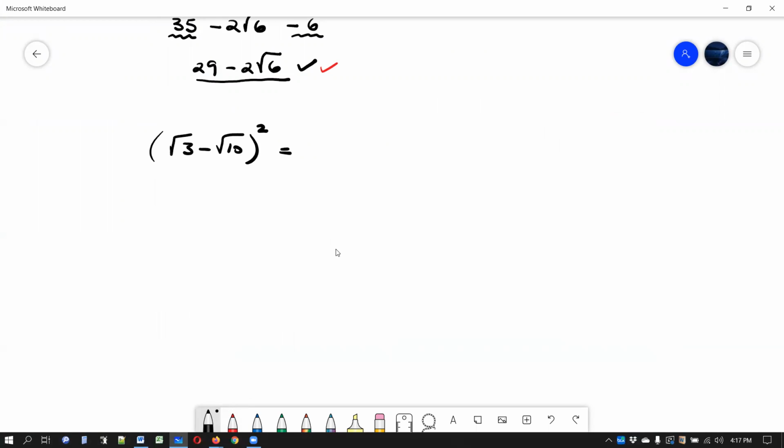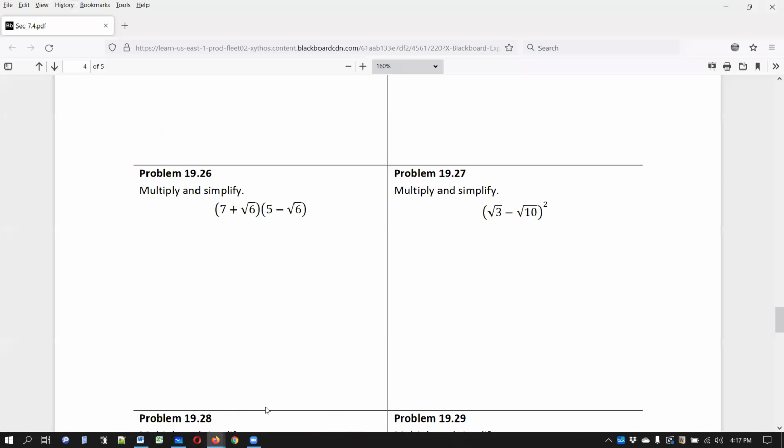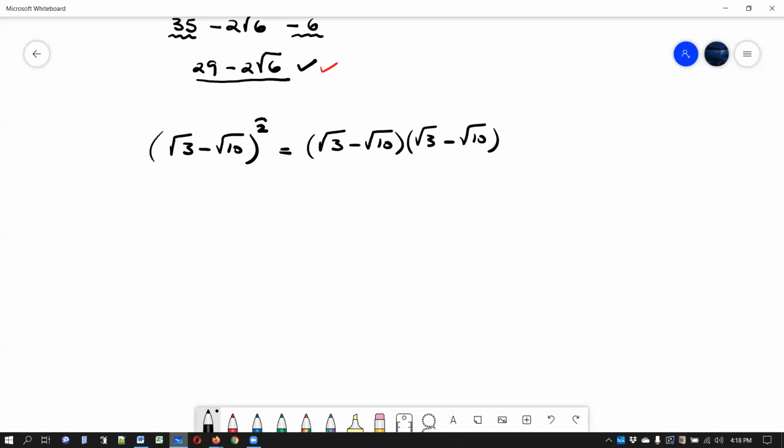Well, in this case, we'll apply the properties of exponents, which means radical 3 minus radical 10, radical 3 minus radical 10, right? So this is exactly how we would begin the problem. And now we FOIL again.